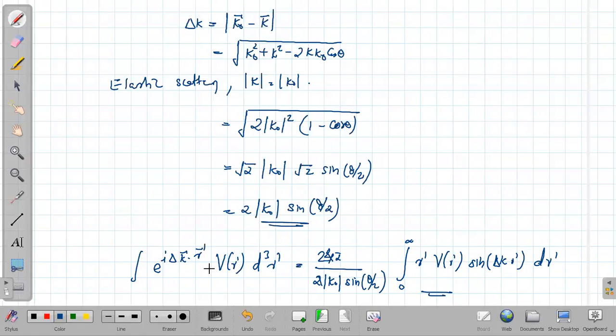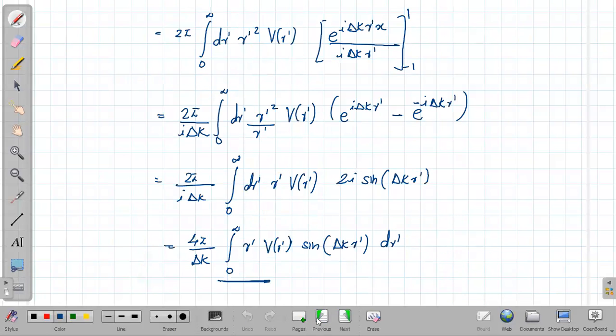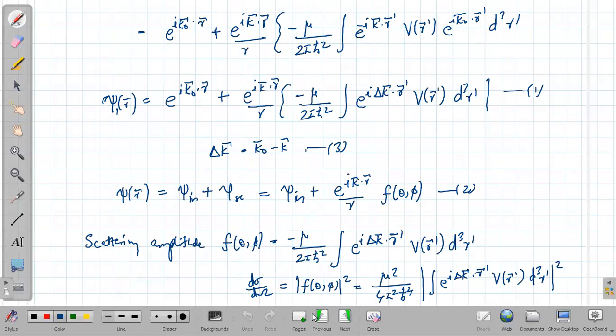Okay, so now we can write what is our final result for the differential scattering cross section d sigma by d omega, which is mu upon 4 pi square h cut raised to 4 mod square of this integral.